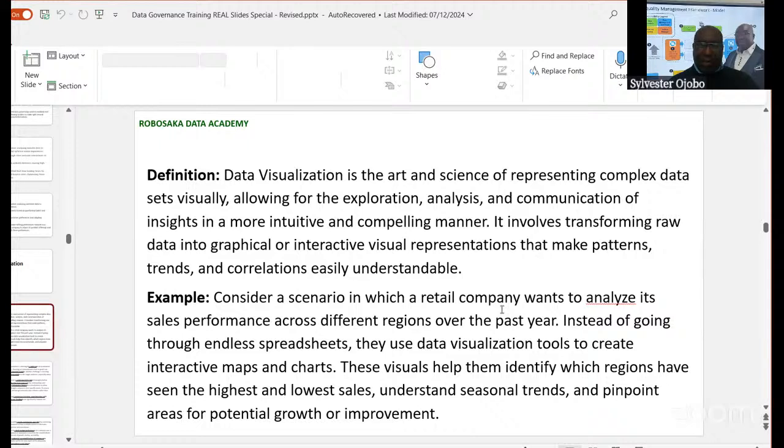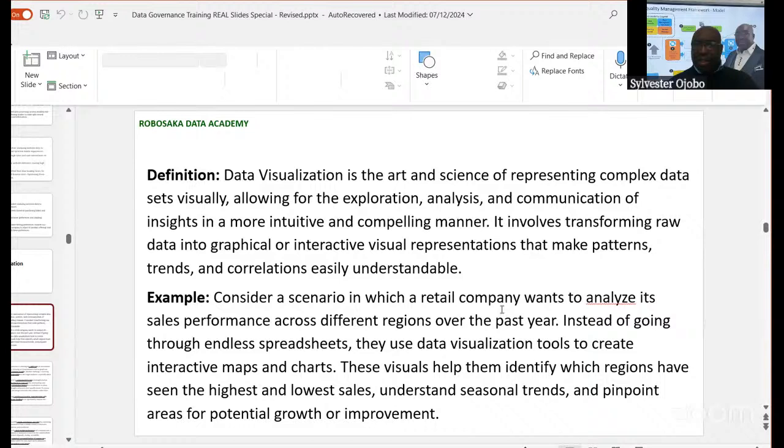So that helps in understanding patterns of data or issues, trends, and correlation easily. Very, very important. So we have an example here.